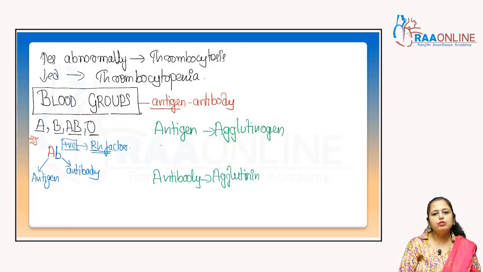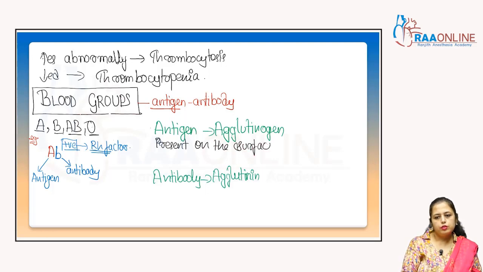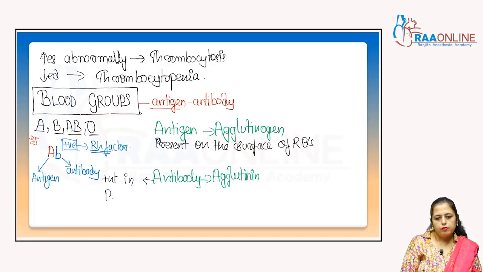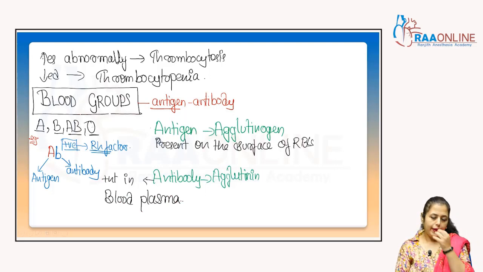Antigens are present on the surface of RBCs, and antibodies are present in the blood plasma. All these are questions of pre-medical exams.